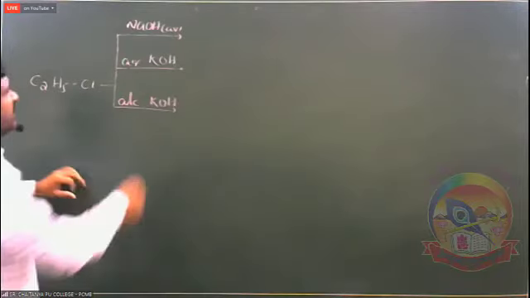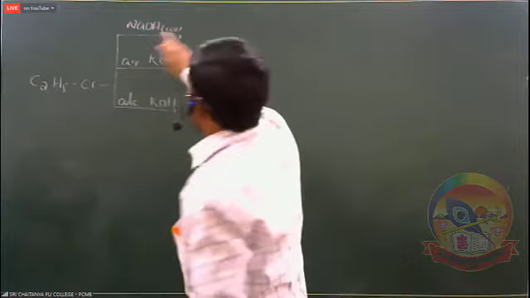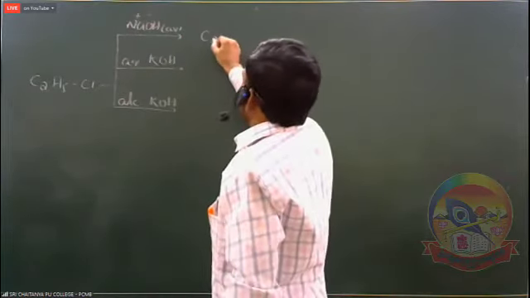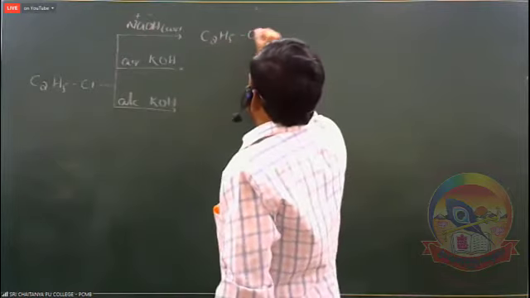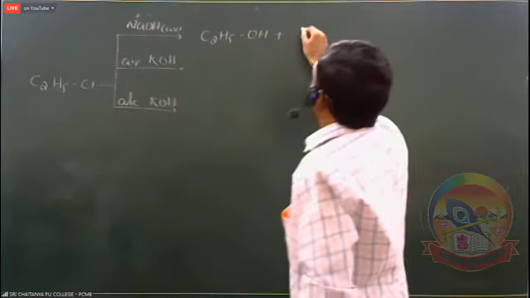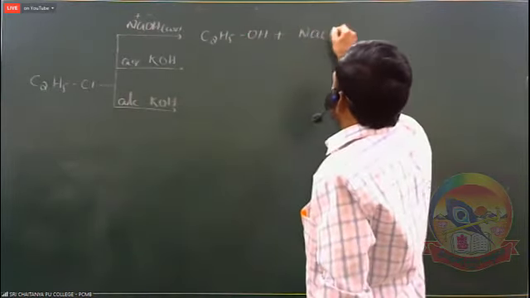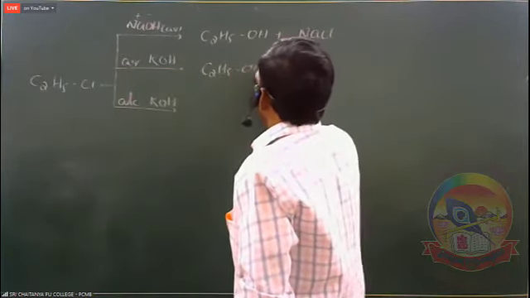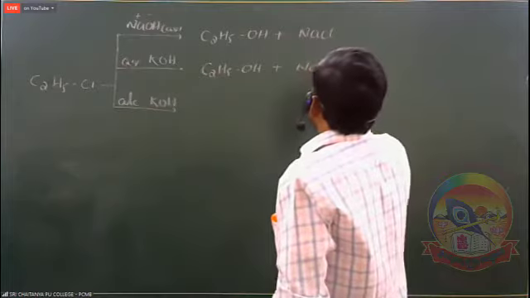Ionically, it is Na plus and OH minus. Here the product formed is C2H5OH, ethyl alcohol, and NaCl is the byproduct. Here also ethyl alcohol is formed and NaCl.